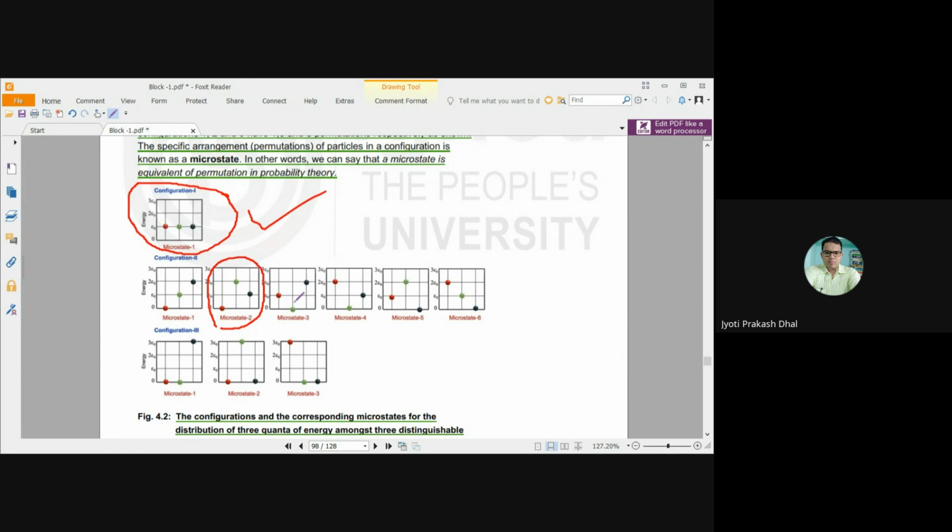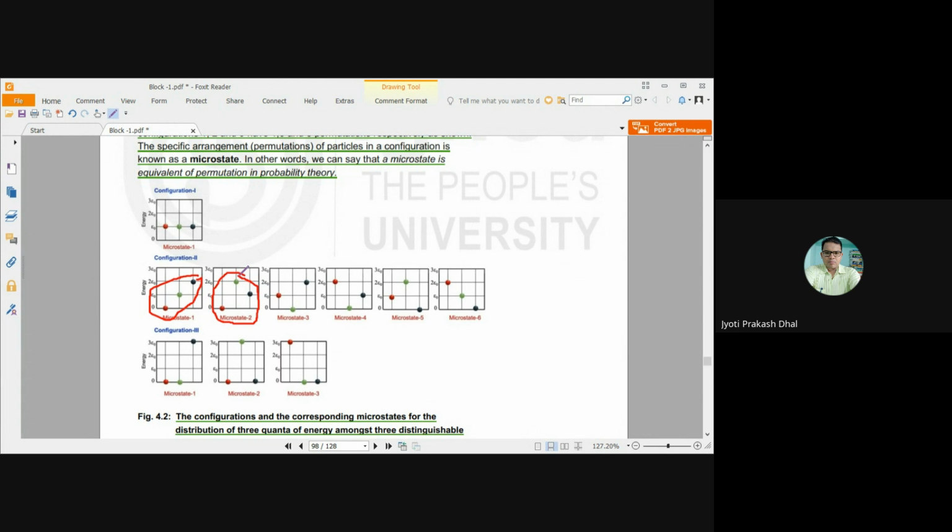So in the first microstate, the red color particle will be present in 0 energy level. The green color particle will be present in epsilon 0 energy level. The blue color particle will be present in 2 epsilon 0 energy level. Similarly, in the second microstate, the red color will be present in 0 energy level, the green color in 2 epsilon 0 energy level, and the blue color in epsilon 0 energy level.